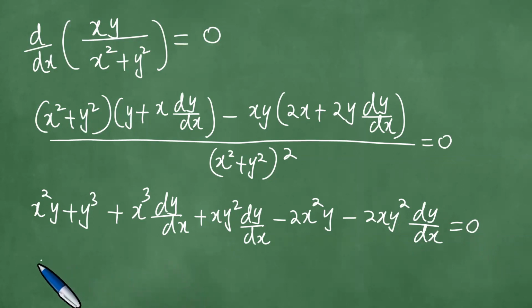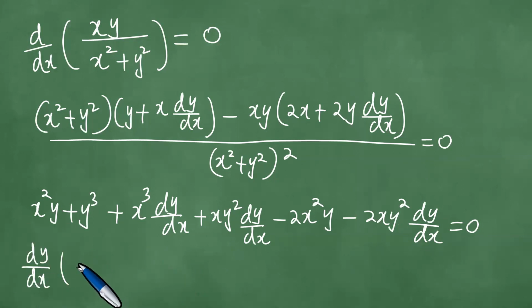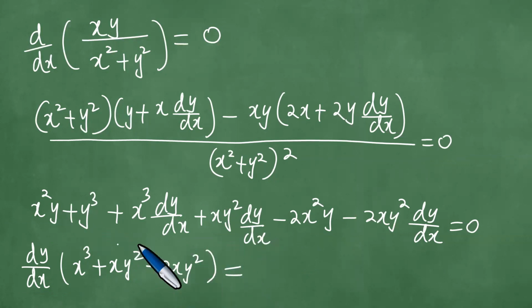Right, and then we just group like terms together, and we have dy/dx into xy squared. Let's start with the x cubed, just writing things a little bit in order. If you factor out dy/dx, we will have x cubed plus xy squared, and then the last one, which is minus twice xy squared, equals, and then we transpose the rest of the terms.